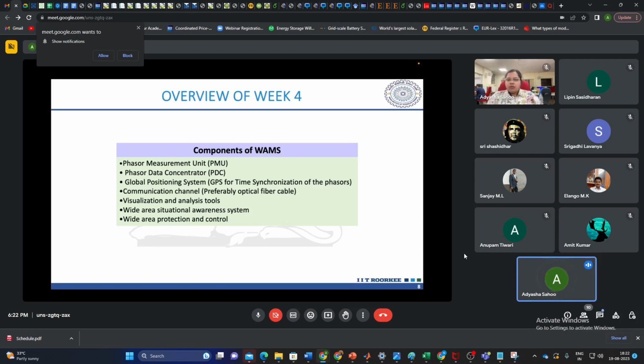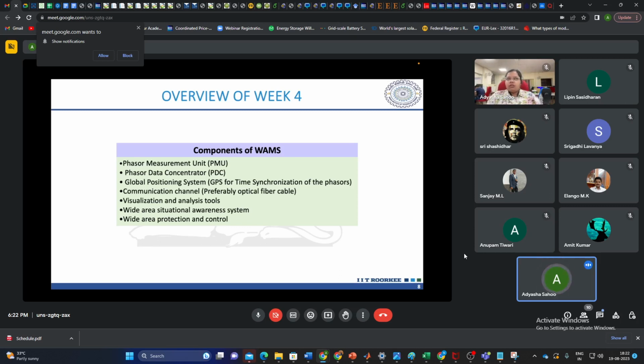The PDC will then do the bad data detection, or it will timestamp these data using the signal from the GPS, and then it will send this data through a communication channel to the control center. At the control center, the data will be analyzed and studies will be carried out, and the results will be displayed on the big screens through the visualization tools.